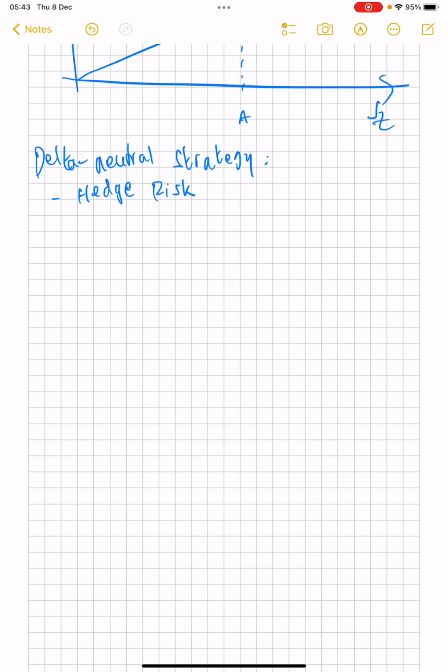Suppose St equal to 100, call price is 10, and the delta of a call option is 0.4.